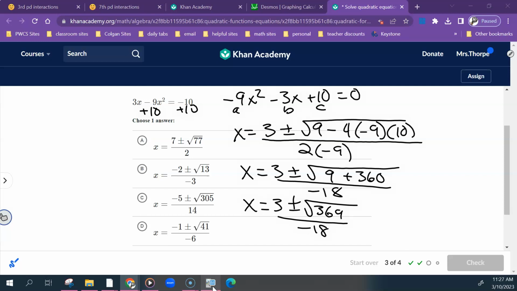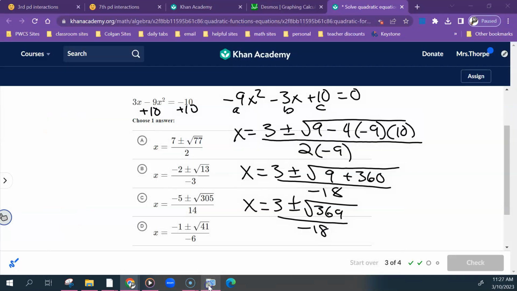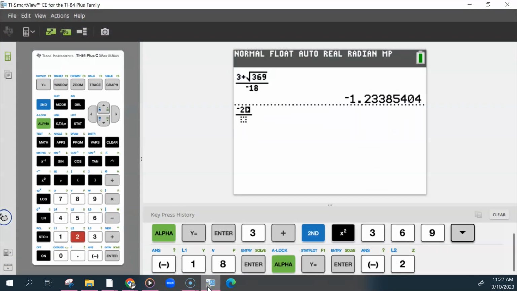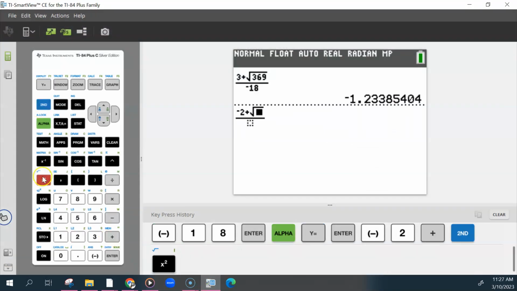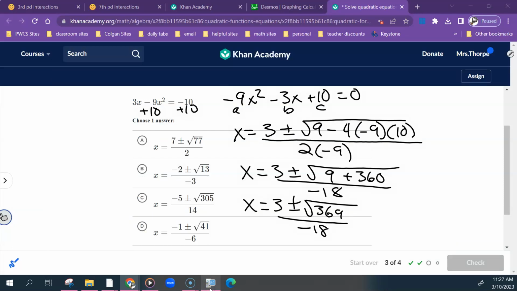So let's say I pick B. Then I would put in negative 2 plus the square root of 13 all over negative 3. Those don't match, so it's not B. Someone pick the next one.